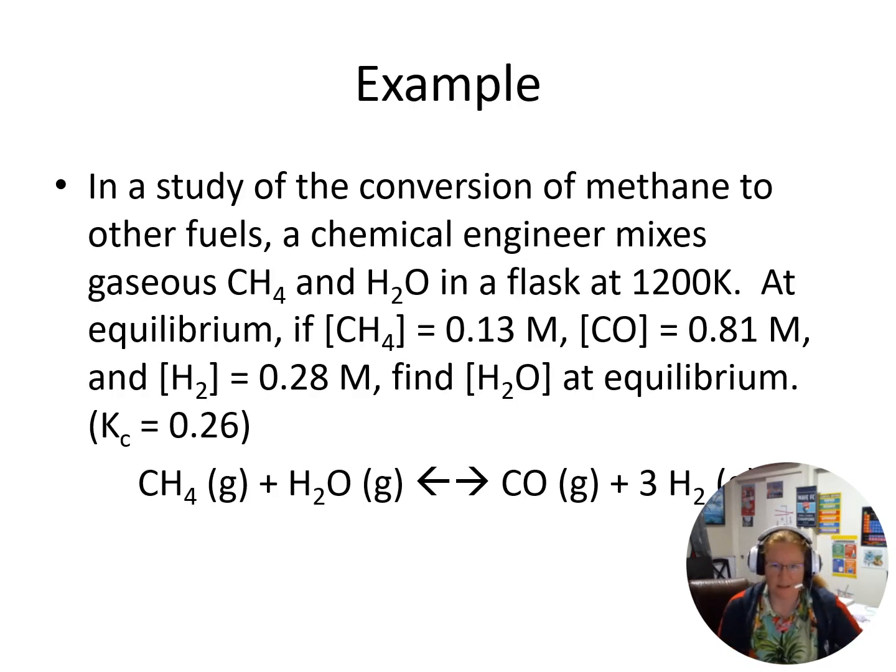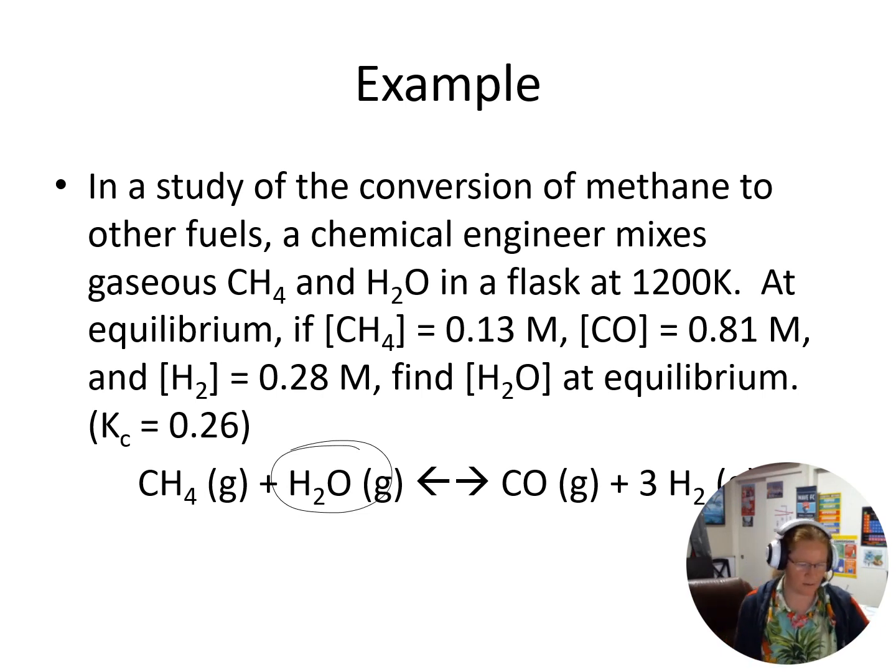All right, so here's another one. We've got an equilibrium constant this time, and we have concentrations of 3 of our species at equilibrium. And what we want to do this time is find the concentration of the water vapor. Okay?